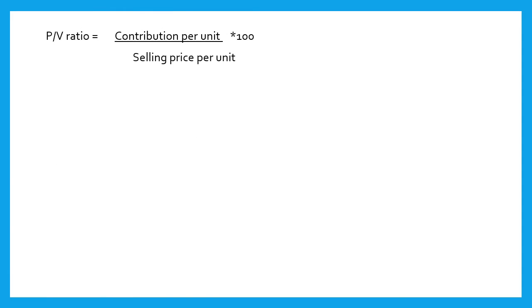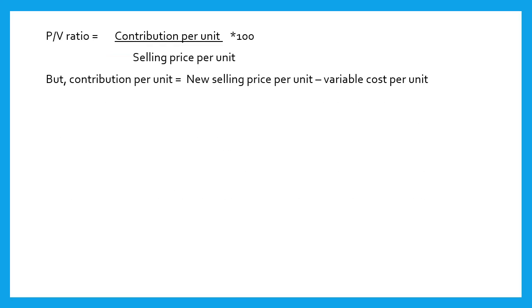By using the new selling price in the PV ratio formula, we will get our new PV ratio. The formula is contribution per unit upon selling price per unit into 100, but contribution per unit is equal to new selling price per unit minus variable cost per unit. Here we take rupees 9 as the new selling price minus the already given variable cost per unit of rupees 6.